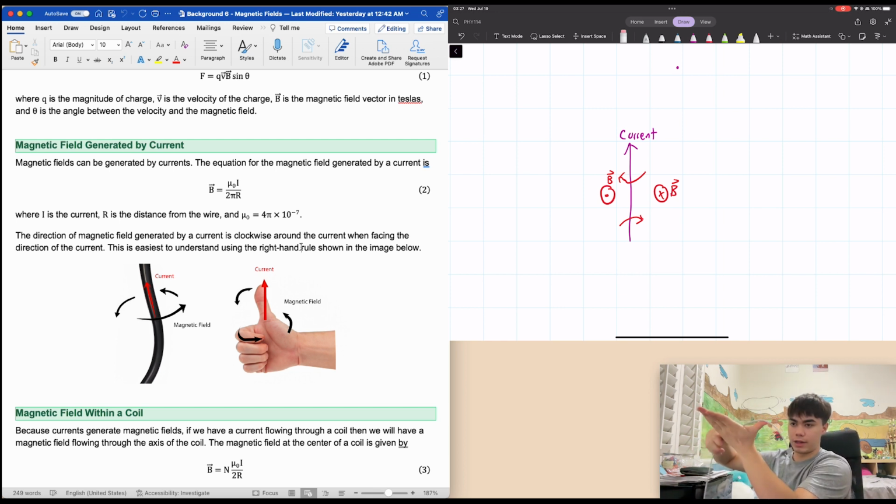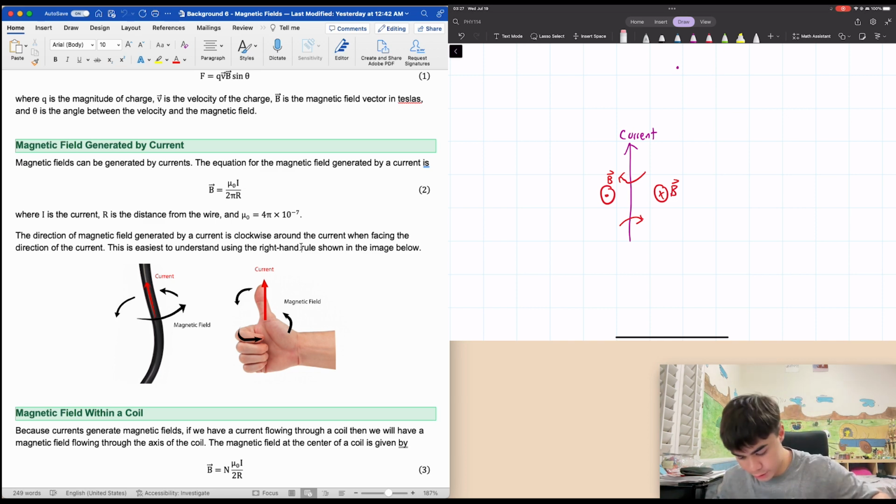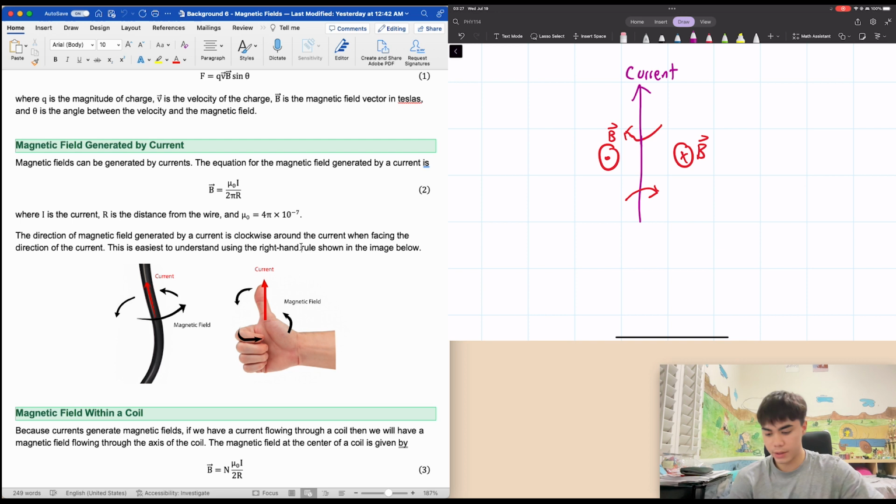So my thumb is pointing in the direction of the current, because it's traveling to this end, and then my fingers wrap around the current, then the magnetic field is in the same direction as my fingers. And you have to use your right hand for this. So the magnetic field is directed around the wire in this direction. That's all this picture is supposed to show. It'll look like that.